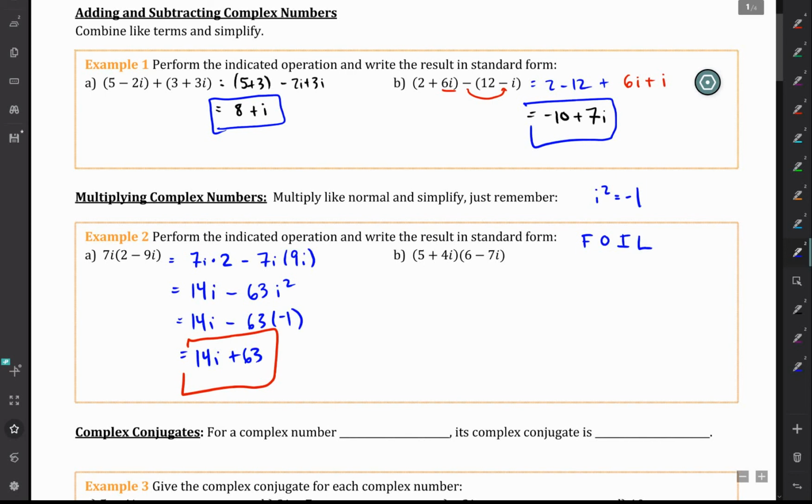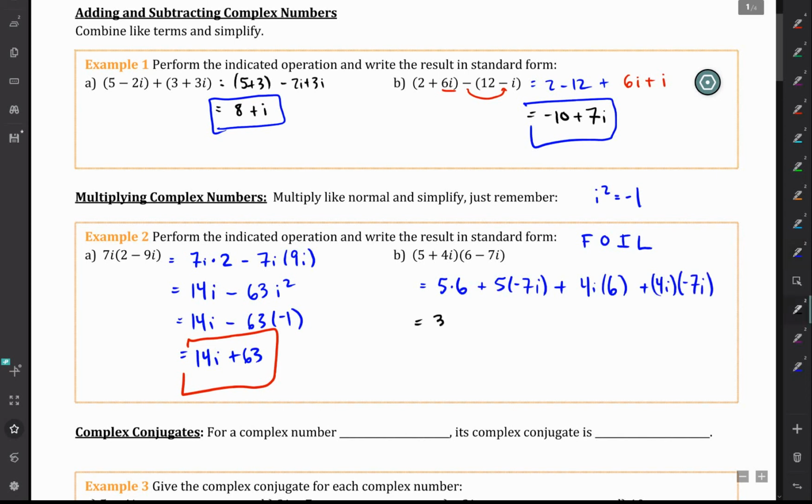So first is 5 times 6, it's going to be 30, and then outside is going to be 5 times -7i, so that's going to be plus 5 times -7i, and then plus the inside, which is 4i times 6, and then finally the last is going to be 4i times -7i.